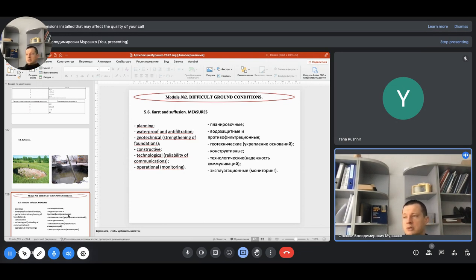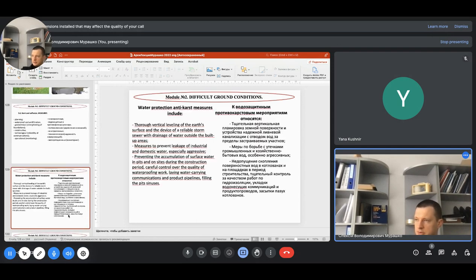All those solutions can guarantee proper work of our soils when those soils are protected from destructive impact of underground water and also from surface water.